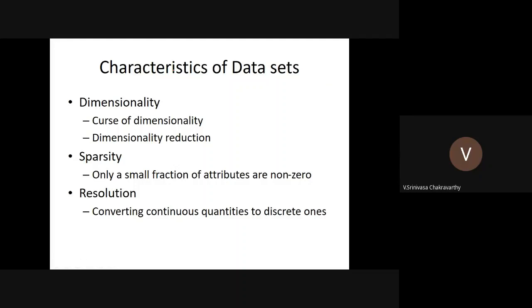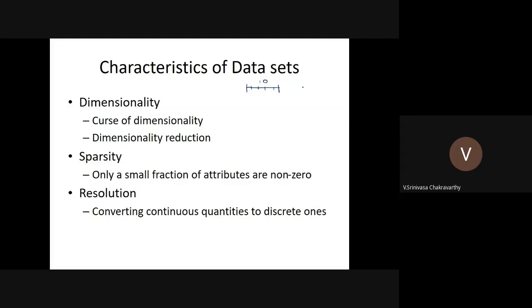Suppose I take a one-dimensional space. I have a unit interval, and I'm taking some discrete data in this. Say I have 10 points in the unit interval.